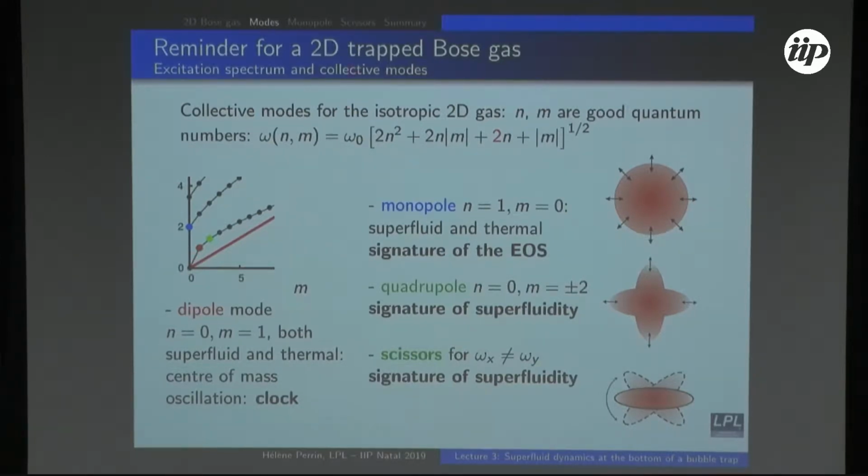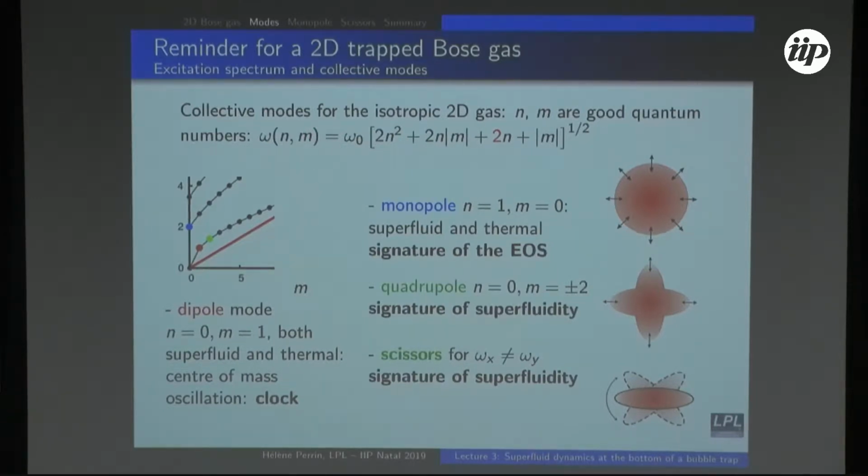First, I have to remind you that in a two-dimensional trapped gas, because of rotational invariance, we label the modes with two numbers. The n, which is a radial excitation number, and m, which is the azimuthal or angular momentum excitation number, which can be positive or negative.